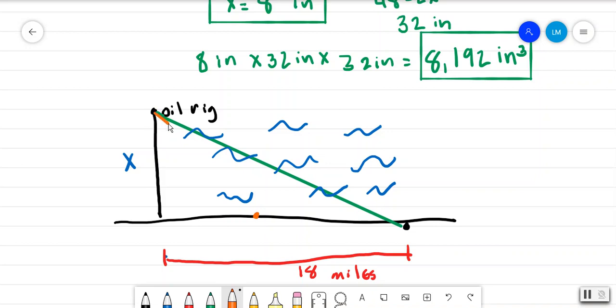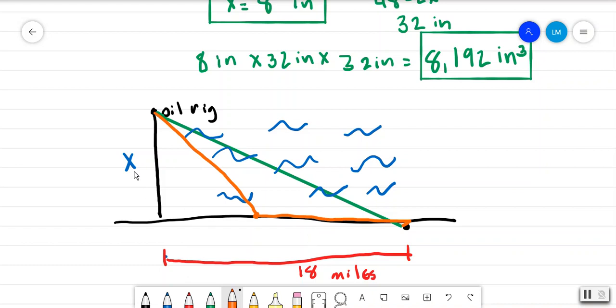So if we pick a point right there and construct it like this, and then build the pipeline along shore, well, what this does is it tells me the distance for this right here.